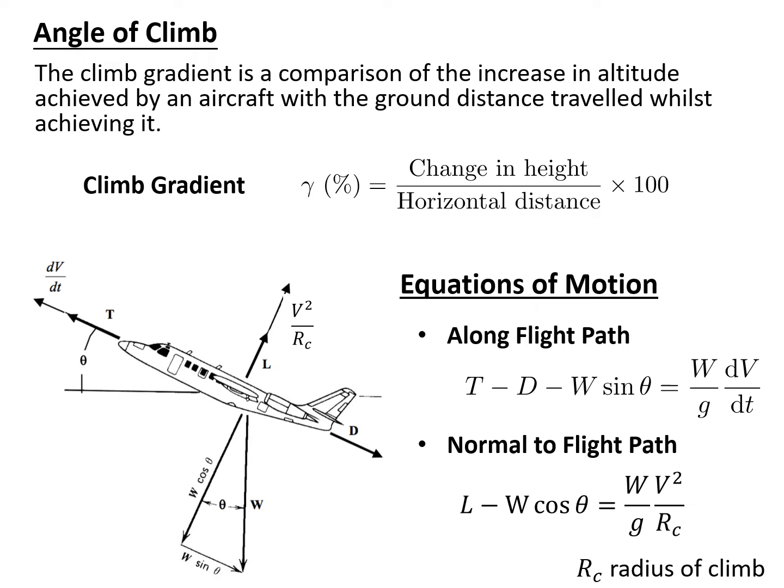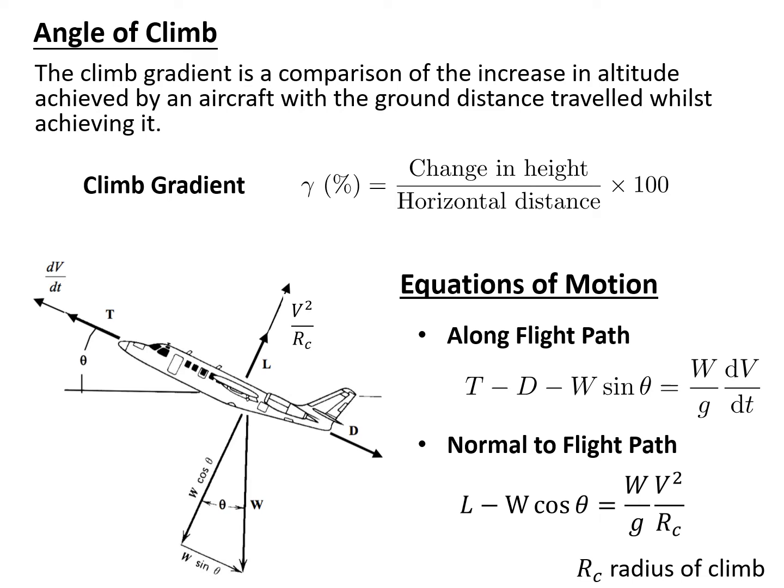Along the fuselage direction, or the climbing direction, so along the flight path, we have thrust, we have drag, and also we have the component from the weight. So T minus D minus W times sine theta. Theta is the pitch angle. Actually, it's the climb angle here. On the right-hand side of the equation along the flight path is the acceleration along the flight path.